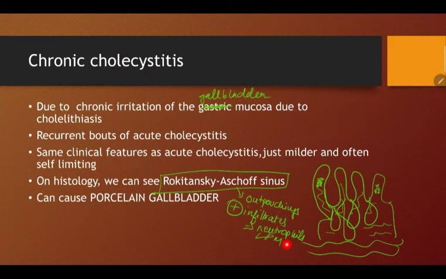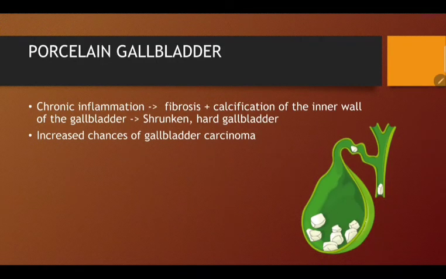Chronic cholecystitis quite often leads to porcelain gallbladder. And what is that? It is fibrosis and calcification of the inner wall. So the inner wall of the gallbladder, because of the chronic inflammation, gets calcified and fibrosed. Remember how I said that with inflammation, along with neutrophils and macrophages, the cells that also come in are fibroblasts.